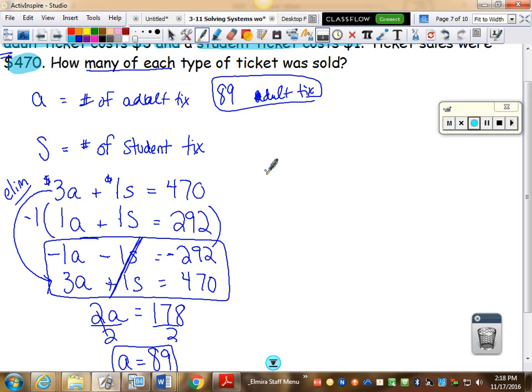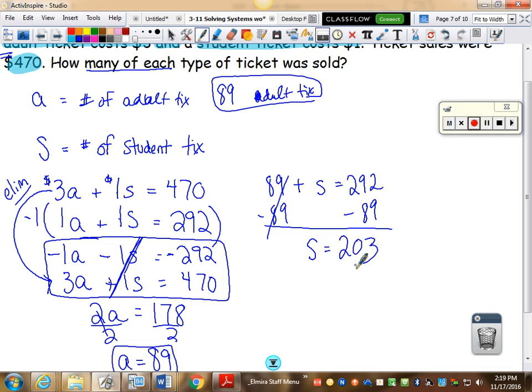That means 89 in place of adult, plus student tickets equals 292. So if I subtract 89 from both sides, I get 203.